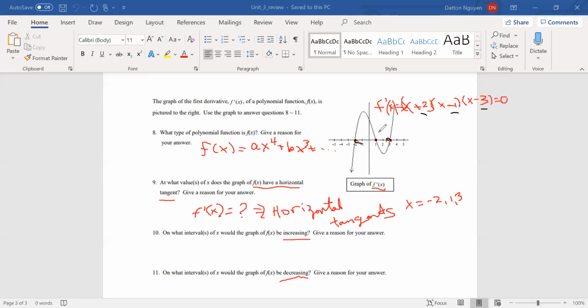Okay. Can anyone tell me, as a review, how do I know f of x is increasing when I'm using the graph of f prime?